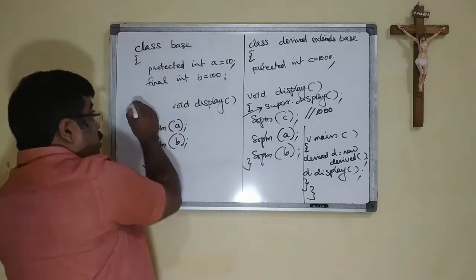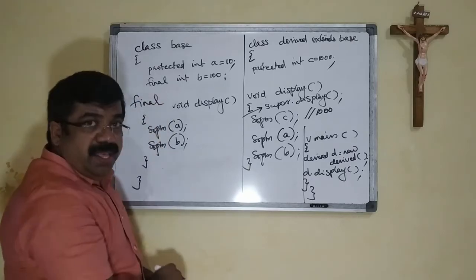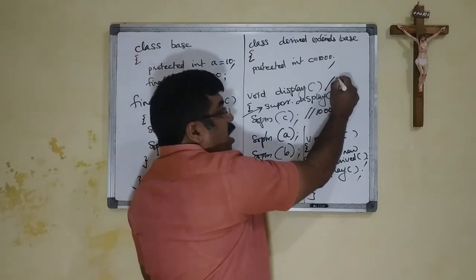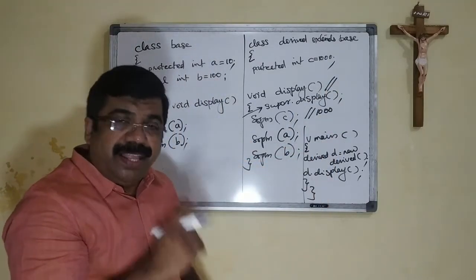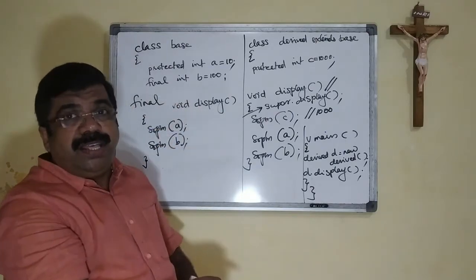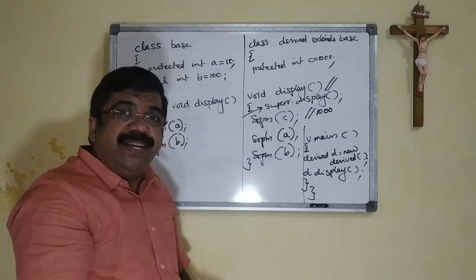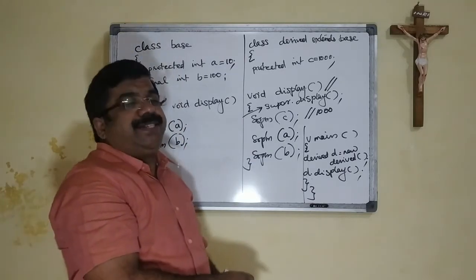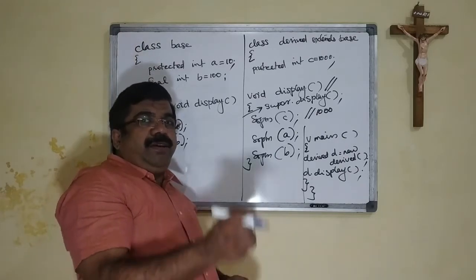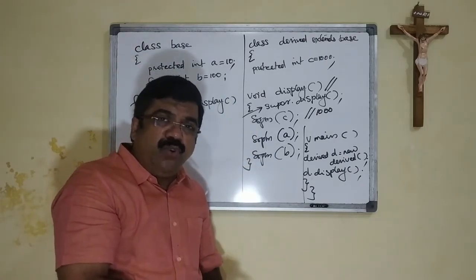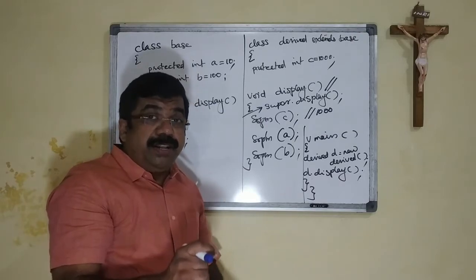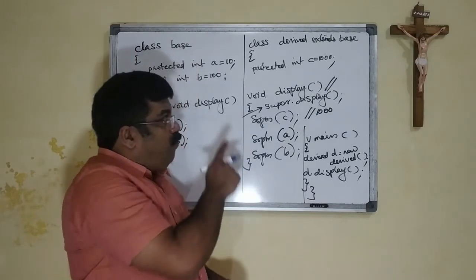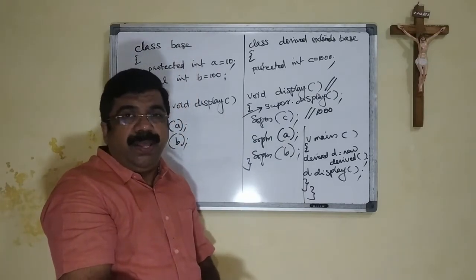So when this final keyword is given here and you are compiling the second program, this particular line will produce an error. The reason is the method which we are trying to override is declared as final in the parent class. So we came to the second point. The first point was final data members cannot be modified. The second one is final methods cannot be overridden.